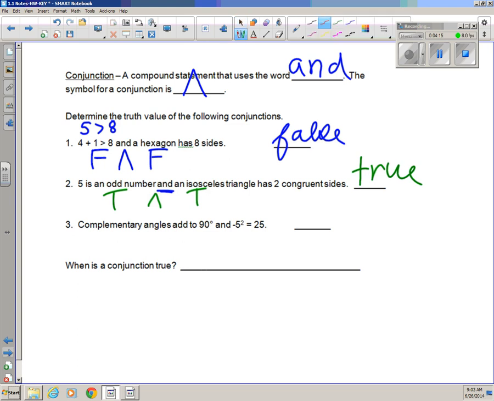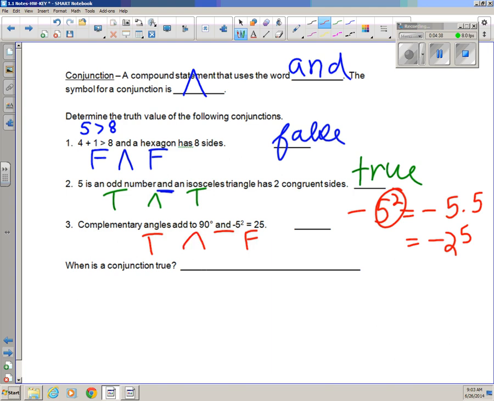How about this one? Here's the and. Complementary angles add to 90. Well, that is true. Negative 5 squared equals 25. Hopefully you realize that that is not true. Remember, negative 5 squared, exponents come first, equals negative 5 times 5. That comes out to be negative 25.